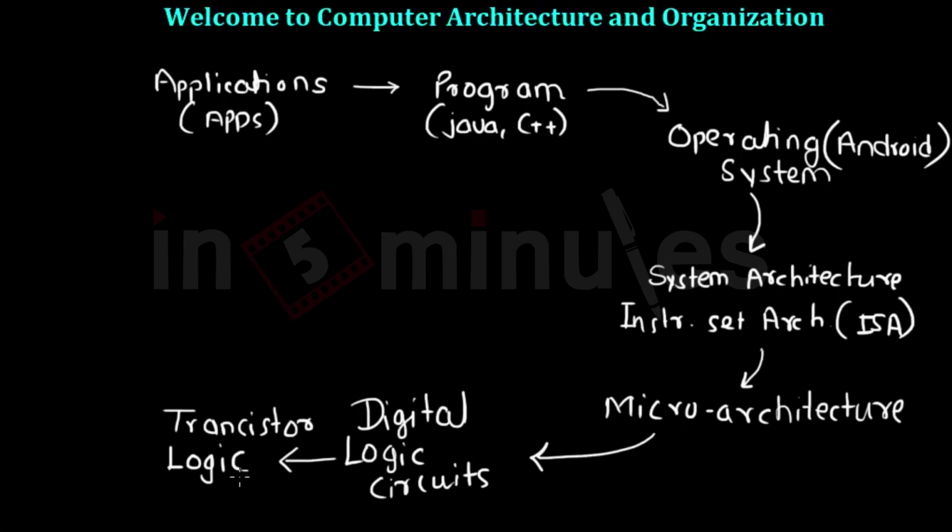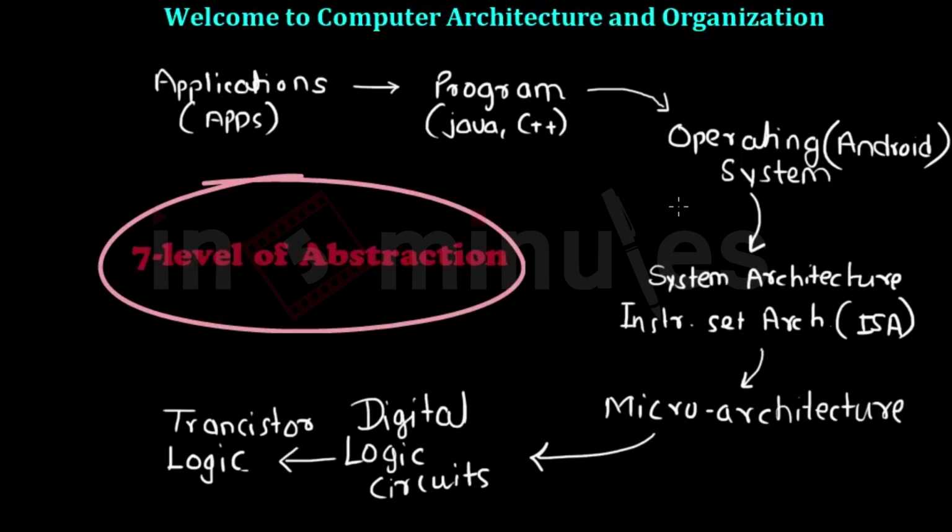So finally we get to the part where the entire task is performed by electrical signals. These seven different levels I have drawn are called the levels of abstraction. As computer architecture and organization students, we are going to focus on these two parts of the abstraction levels.